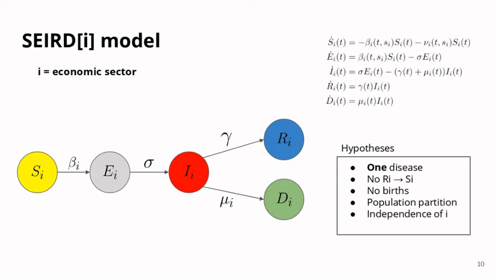So, for example, the infected population of one economic sector won't affect the susceptible population of another one. And of course, there are no latent variables. We consider the data as it is, because estimating the real number of, for example, tested infected and deaths is another problem that we don't tackle in this project.